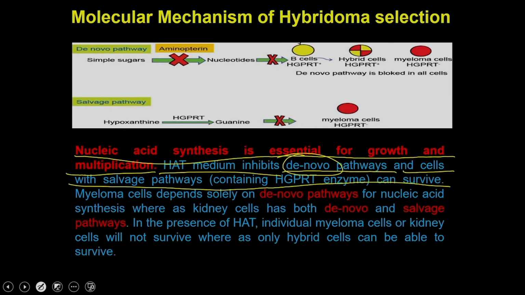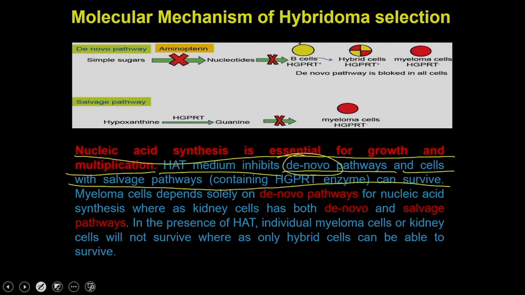The de novo pathway utilizes raw materials, for example carbon dioxide, ammonia, water and similar raw materials, to synthesize the nucleotides, either purine or pyrimidine nucleotides, which you can then utilize for DNA synthesis.